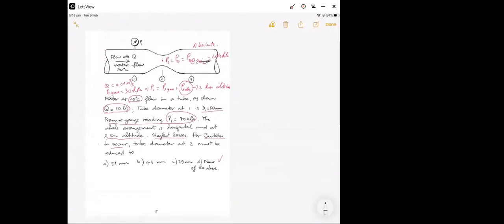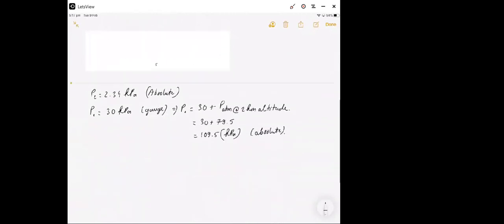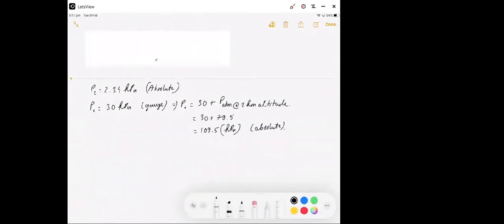Because it asks you to find the diameter for cavitation to occur at station 2, we write the energy equation between 1 and 2.